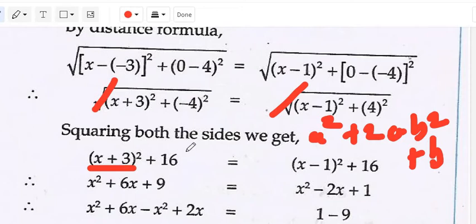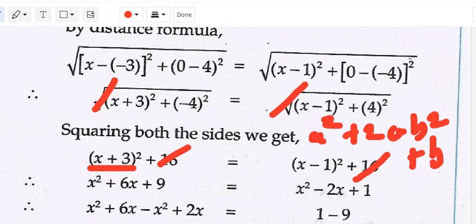Now see here this 16 and this plus 16 get cancelled. Why is it cancelled? Because plus 16 changes to minus 16 on the other side, and 16 minus 16 is 0. Now here a square means x square, minus 2ab, 2 into 1 into x, that is 2x, and minus 1 square is plus 1.